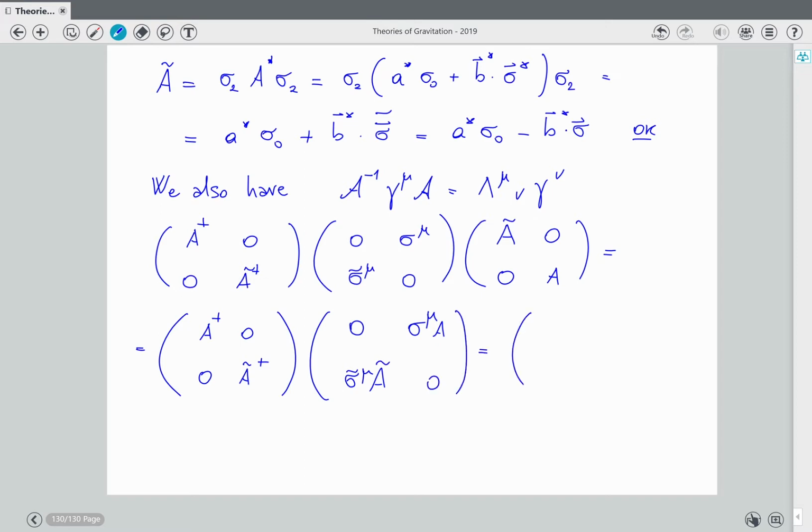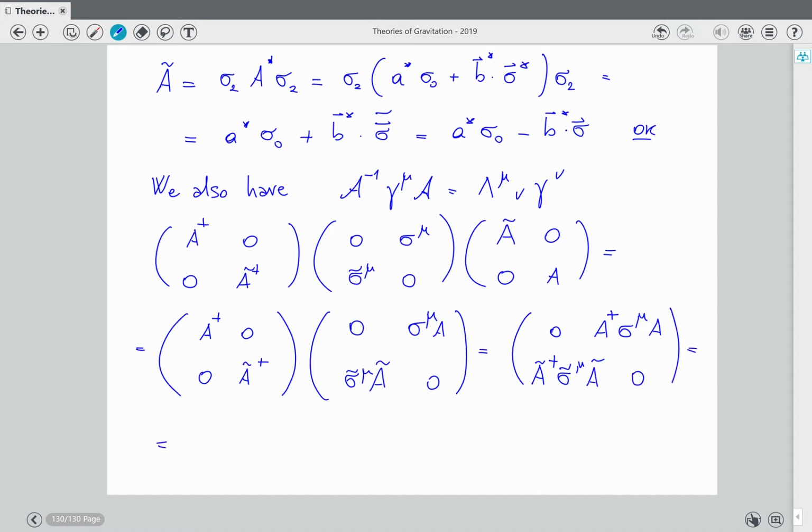And now you have 0 A dagger sigma mu A, A dagger tilde sigma tilde mu A tilde.